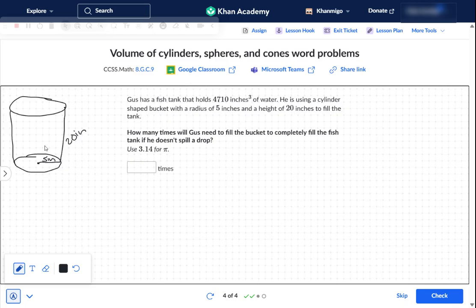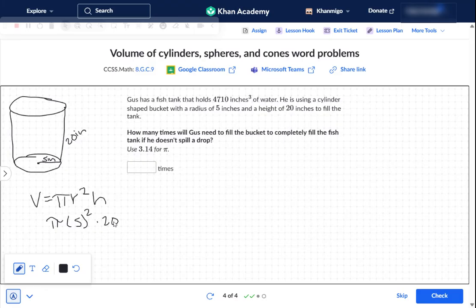All right, so let's check. We might first need to see what this volume is. That might be helpful. So volume of a cylinder is the area of our base, area of a circle, times height. So pi r squared times h. We just plug it in. Pi times r squared times h.